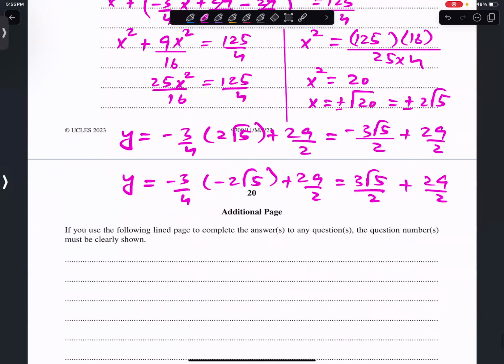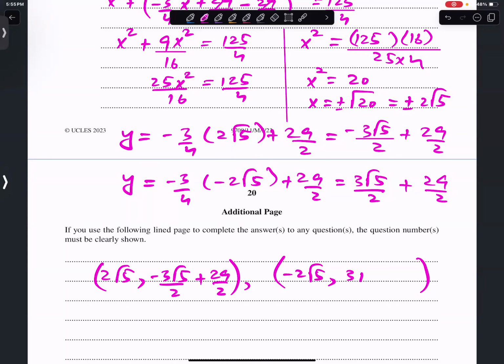So you have to write these points as: 2 root 5 comma (−3 root 5 over 2 + 29/2), and the second point is −2 root 5 comma (3 root 5 over 2 + 29/2).